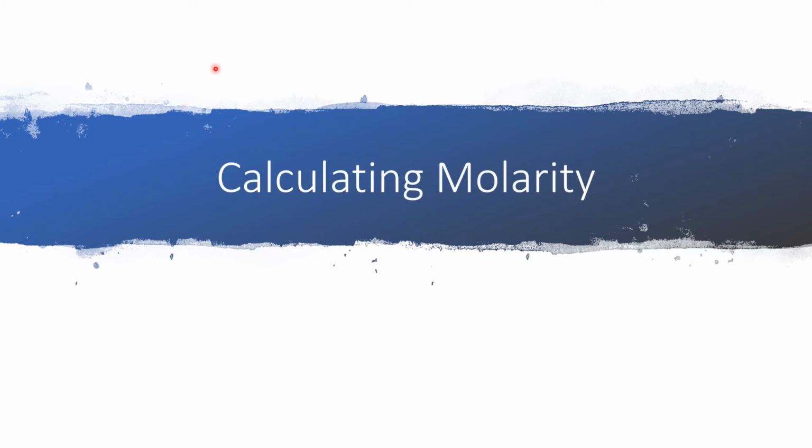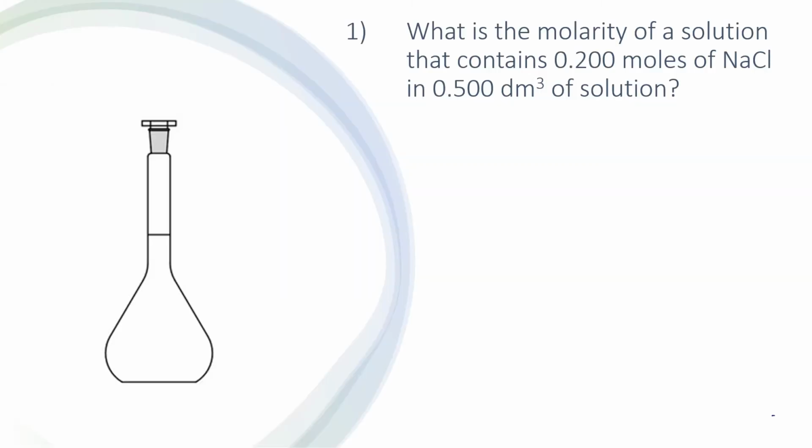In the following examples, we are going to calculate molarity, which is going to be the only expression of concentration that we are going to cover in this video. In this first example, we need to calculate the molarity of a solution that contains 0.200 moles of sodium chloride in 0.5 decimeters cube of a solution.